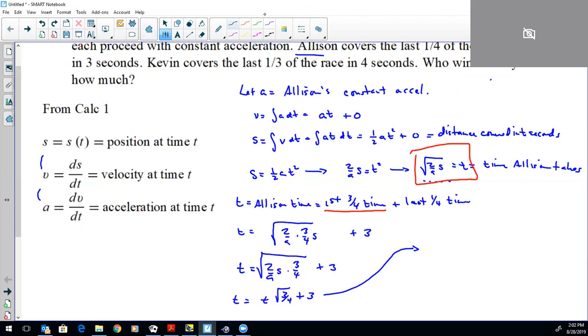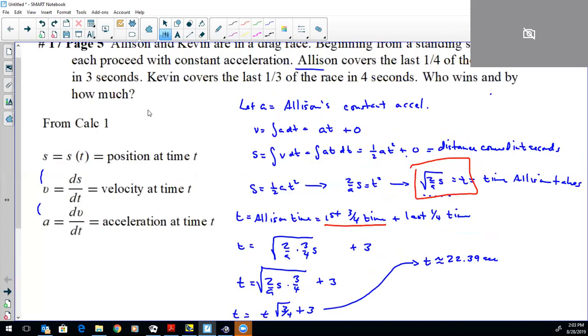When you find a decimal approximation to this using the math solver, you get that Allison's time is approximately 22.39 seconds. Okay, that wasn't too bad.